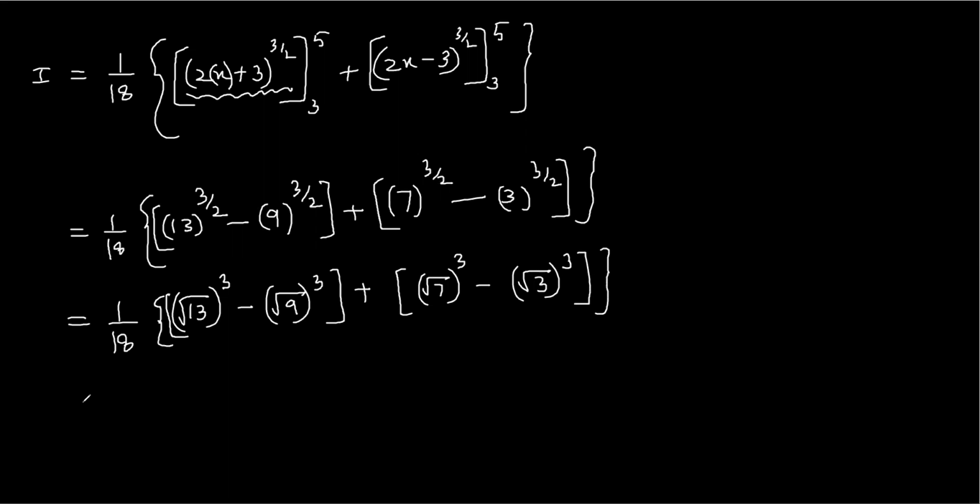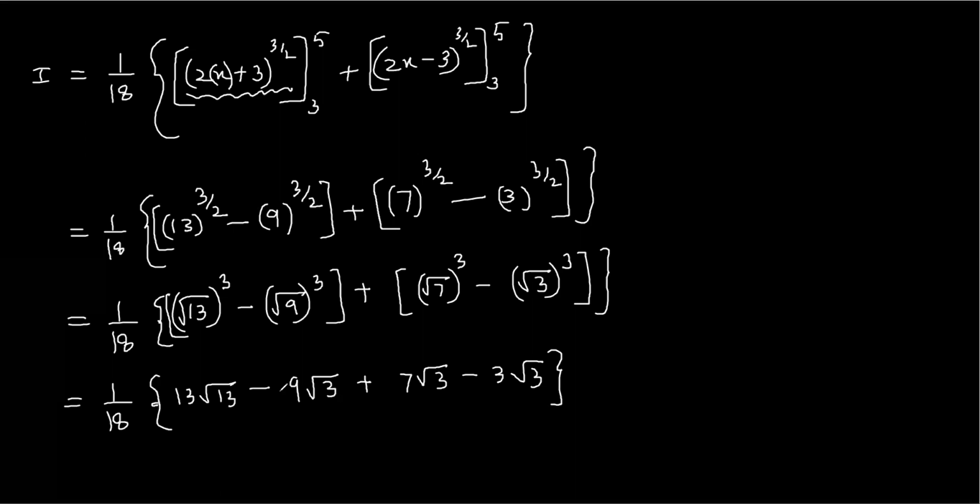Okay, so this will get me 1 over 18 and you can check here. This is 13 root 13 minus root 9 into root 9, so this is 9 root 9, plus this is 7 root 7, root 7 into root 7 into root 7, so 7 root 7 minus 3 root 3.